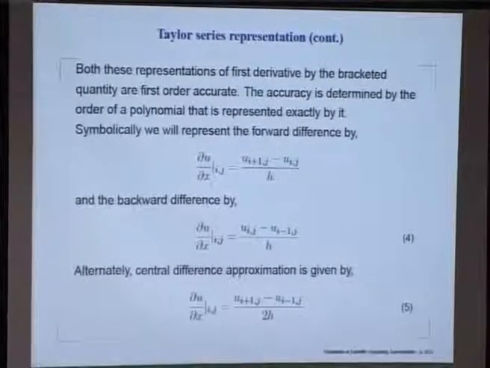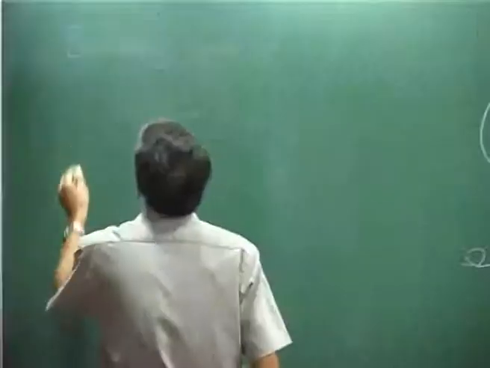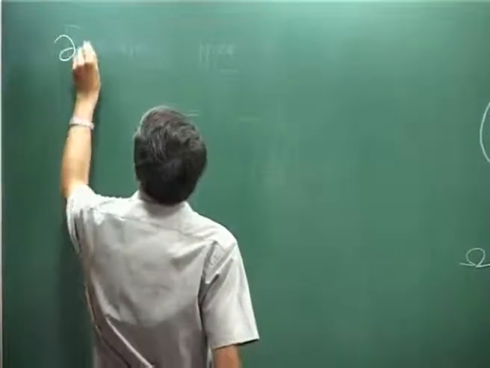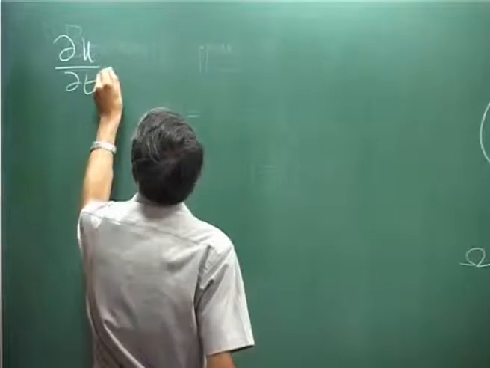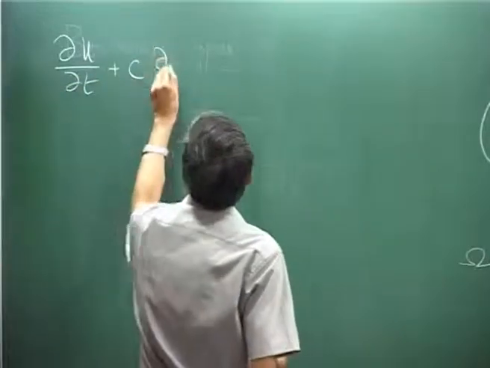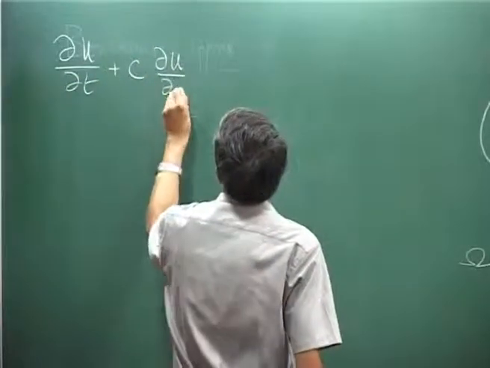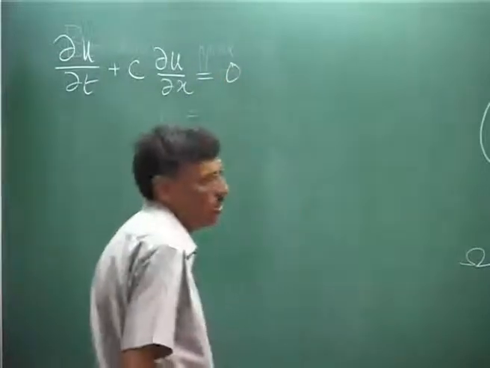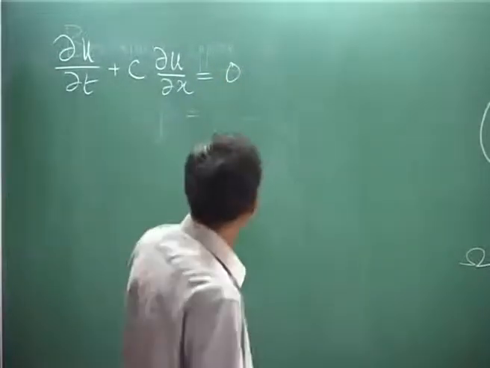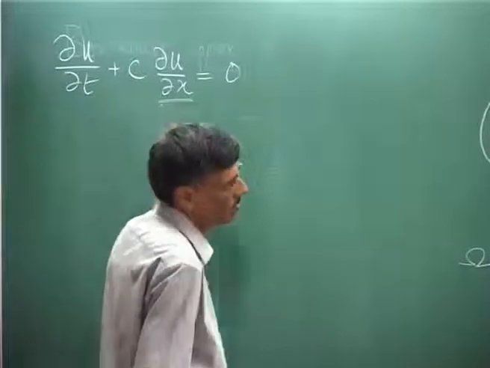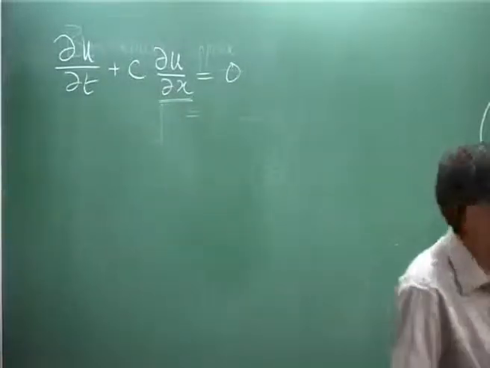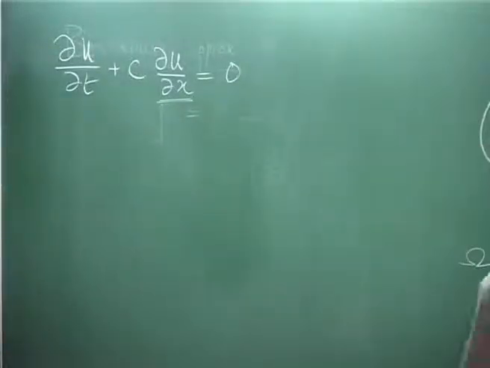Say, for example, let us go back to our simple equation which we would adopt and keep using it quite often. So, if I am trying to obtain this term del u del x, so my question is which one should I use out of these three?